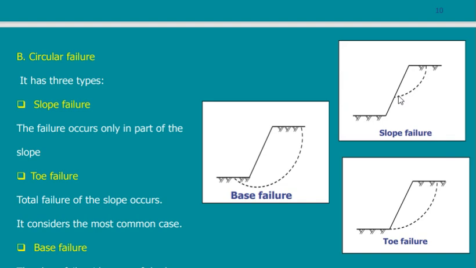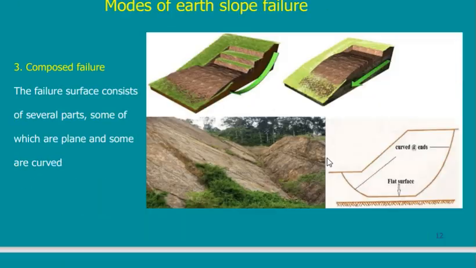So you know that this assumption is the one that will cause the failure, the one with the minimum factor of safety. So if you want to calculate the factor of safety, you have to assume which shape of failure you are going to follow. Is it this one, or this one, or any other type? Maybe it's not circular, maybe it is a straight line, maybe it is curved, whatever you are going to assume.